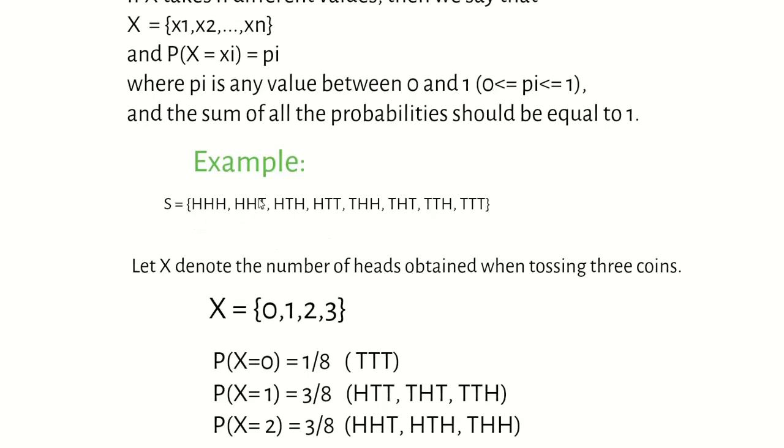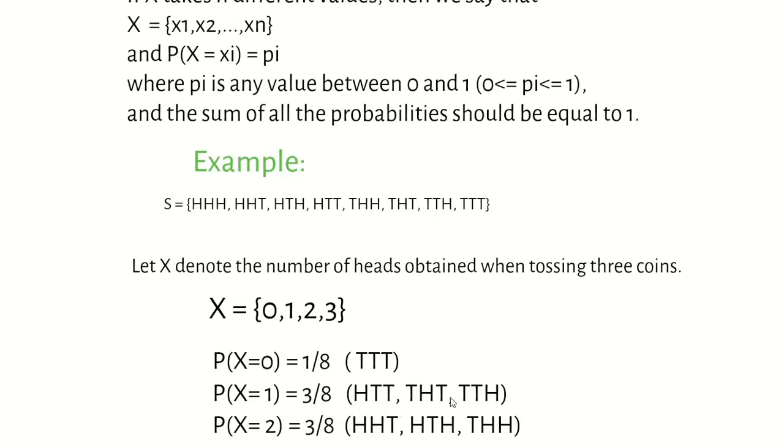If you look closely, at this outcome HHT we have 2 heads, and at this one HTH we also have 2 heads, and at this one THH. Then we have 3 outcomes in which we have 2 heads. Then the probability of getting 2 heads when we toss 3 coins is 3/8.